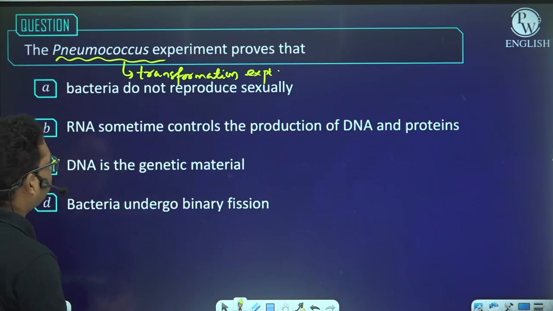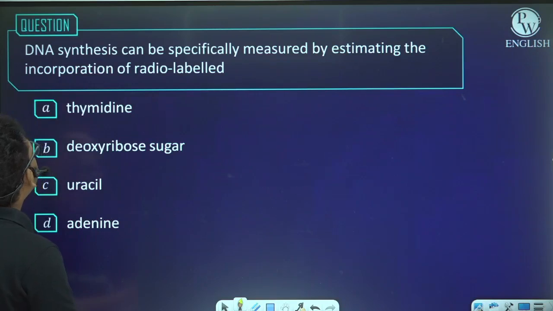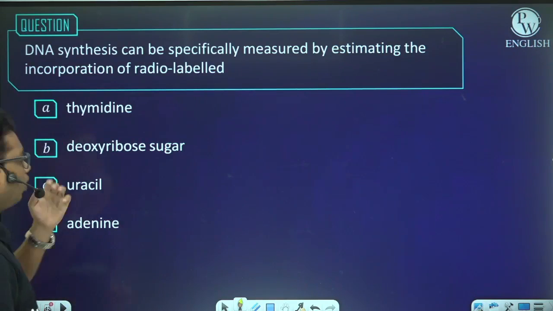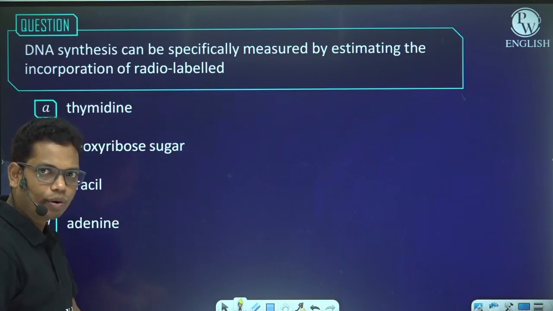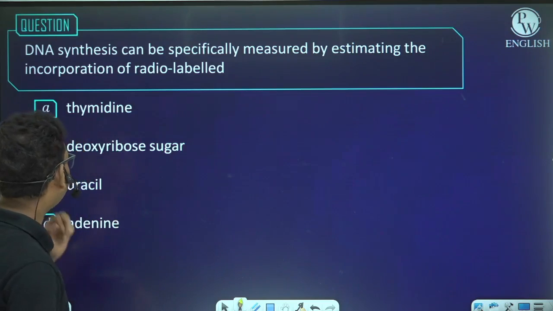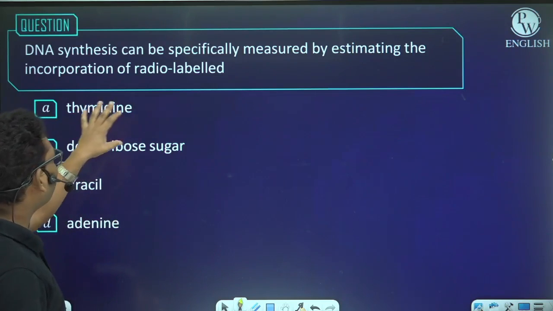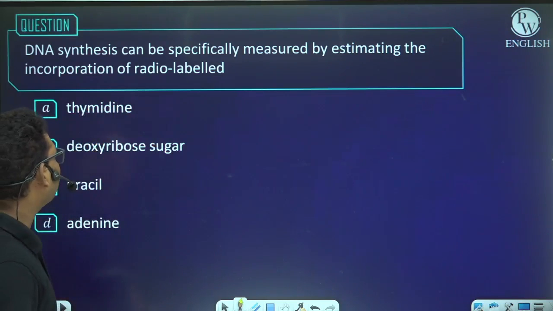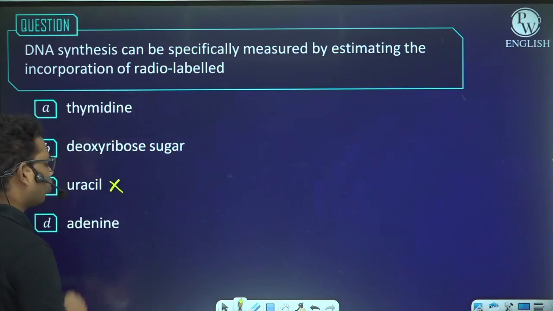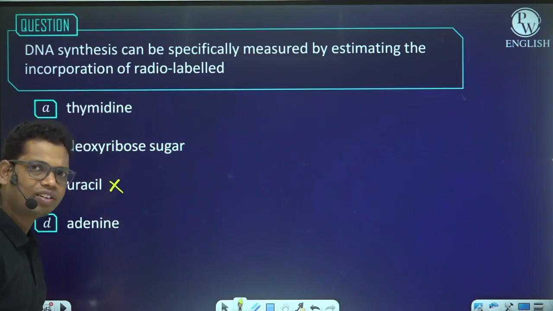Okay. Now next, DNA synthesis can be specifically measured by estimating incorporation of radiolabel. See, DNA has a special nitrogenous base, which is thymine. So if I want to label the DNA, I will not use radiolabeled uracil. Why? Because uracil is never present in the DNA.